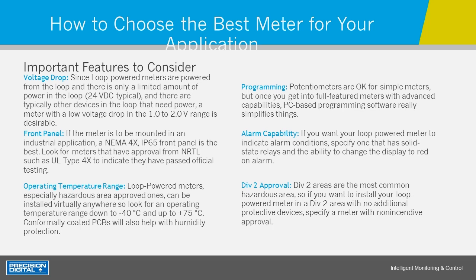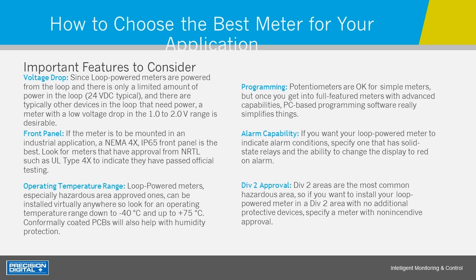However, as you add more features in, you're going to want to look for something that has programming software, at least has front panel push buttons, because you're not going to want to be programming up something with 8 dip switches and 5 potentiometers. So you look at Precision Digital's new Loop Leader, it's got the 4 front panel push buttons, but it also has USB capability, so you can download some programming software, connect up your meter, and program it on the PC.